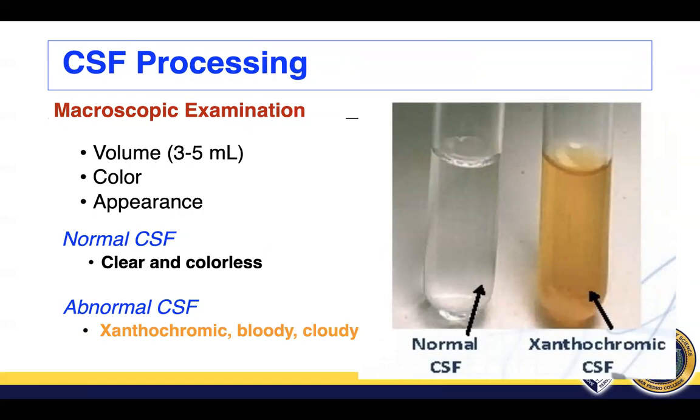When xanthochromic, the CSF appears yellowish. Xanthochromia is a yellow pigment in CSF that is usually present due to the presence of bilirubin. Now, when the CSF is cloudy, that means there's also infection.